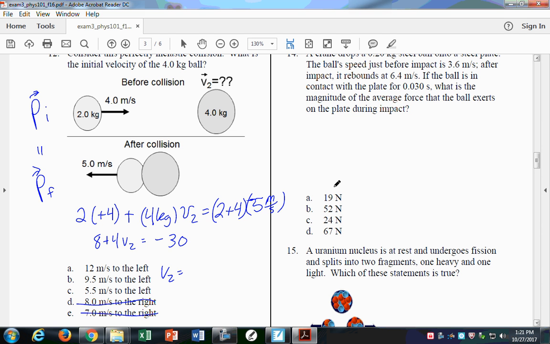Negative 38 divided by 4 is going to be 9.5. Is that right? Yeah, 9.5. Negative 9.5.